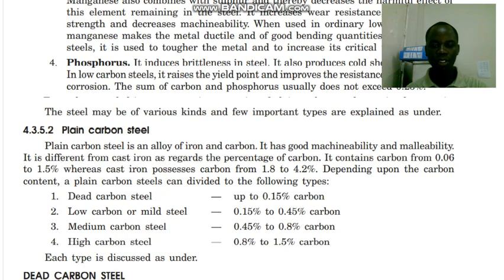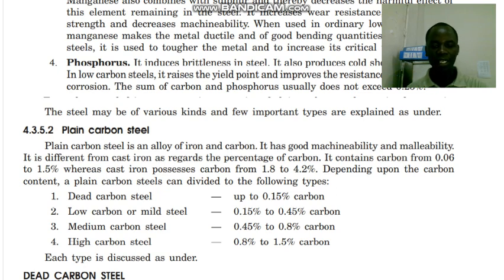So plain carbon steels can be divided into the following types. One, we have dead carbon steel, and dead carbon steel has 0.15% of carbon. Low carbon or mild steel has 0.15% to 0.45% of carbon.